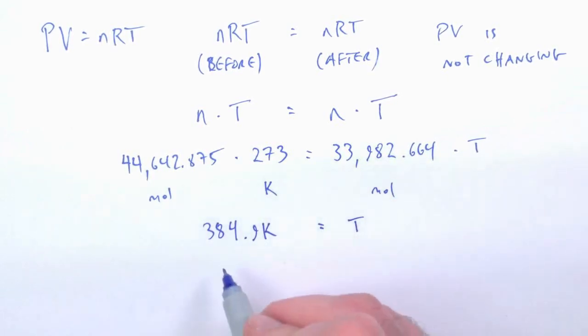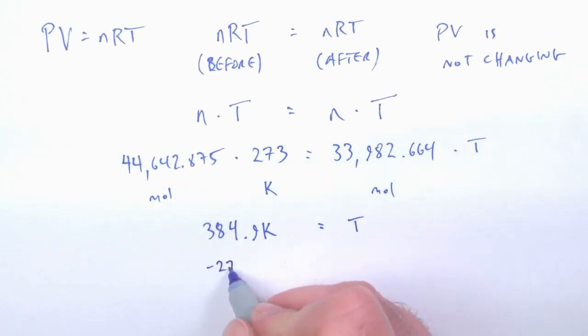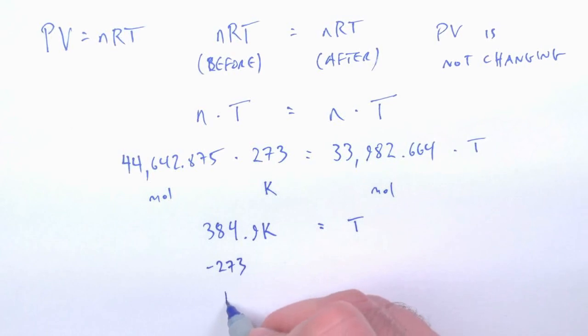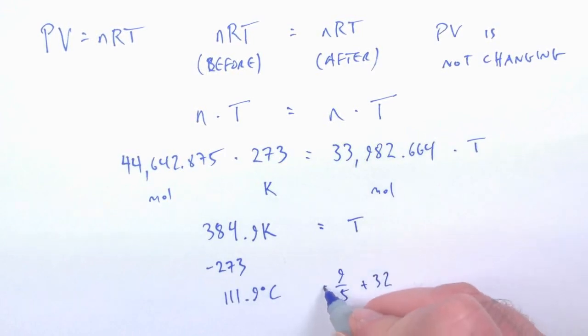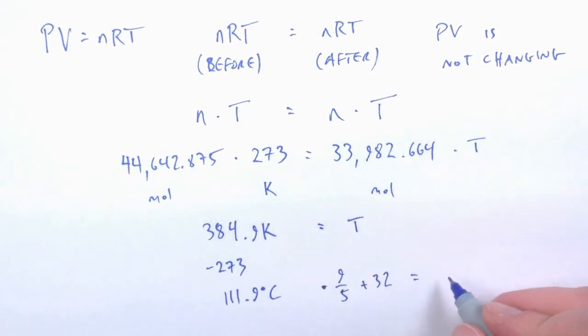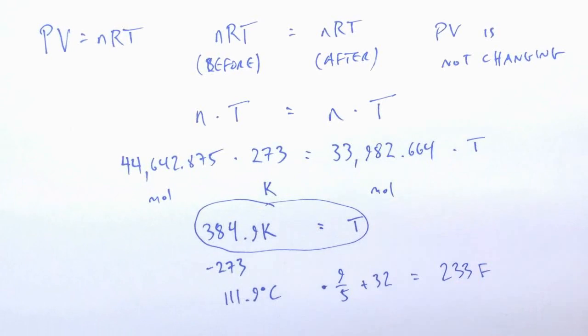And if you want to subtract 273, you'll get 111.9 degrees Celsius. And if you want to multiply by 9/5 and then add 32, you will get 233 Fahrenheit. Kelvin is the temperature that you need to report, though, because this is a gas equation and kelvins is the correct units for gas.